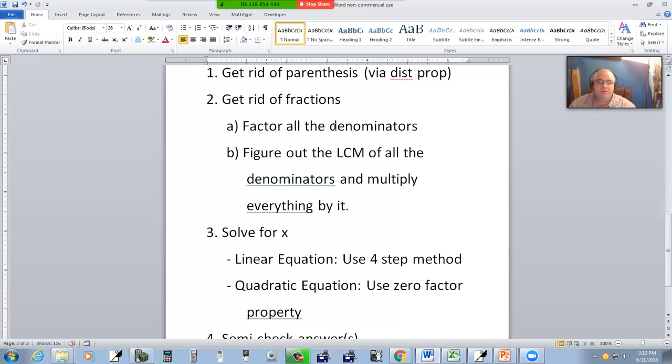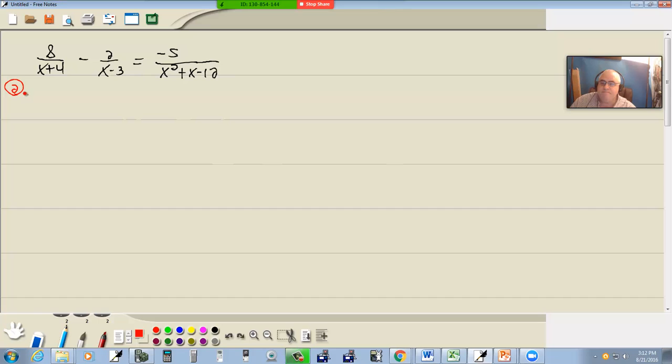And the first thing we do there is factor all the denominators. Now x plus 4 we can't do anything with, x minus 3 we can't do anything with, but x squared plus x minus 12 is the PSD method. And this becomes 8 over x plus 4 minus 2 over x minus 3 is equal to negative 5 over x plus 4 times x minus 3.